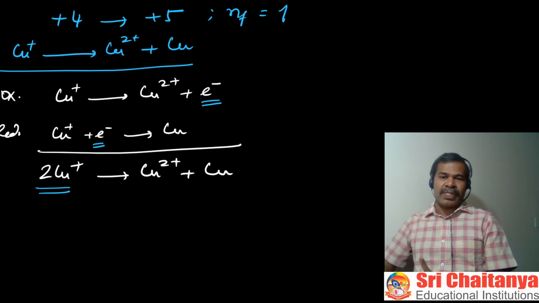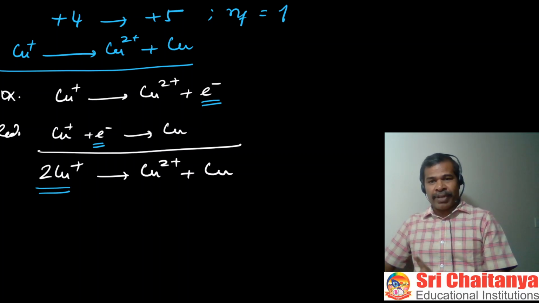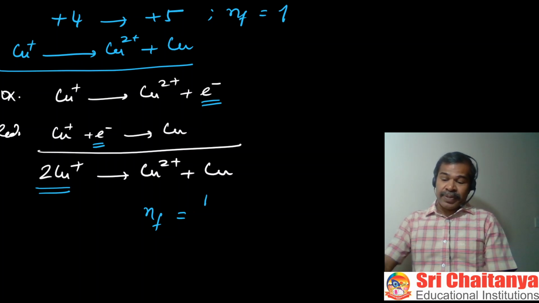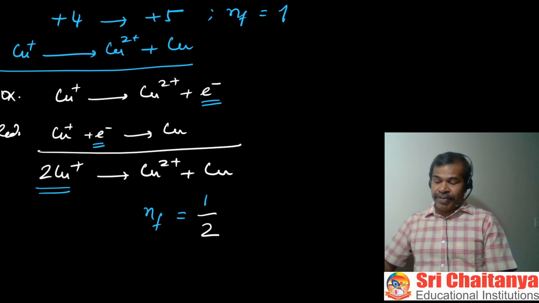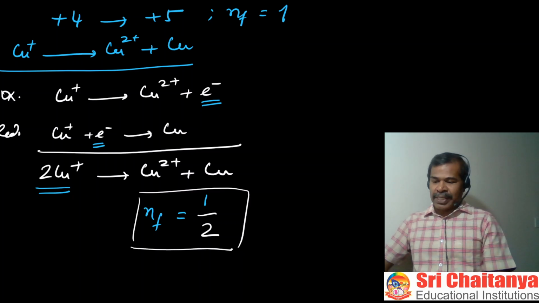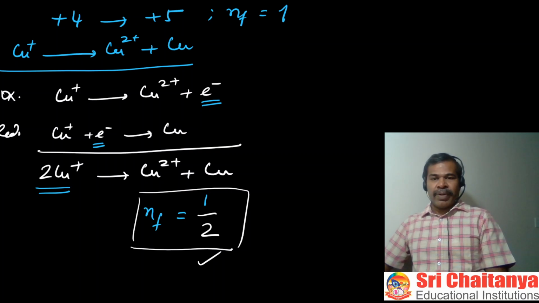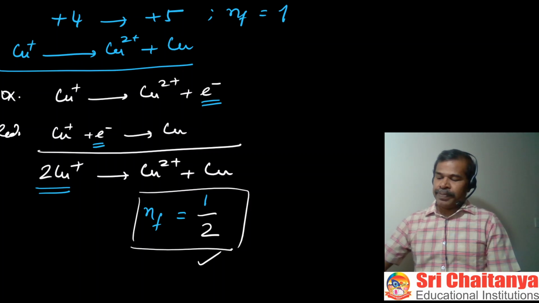We require the number of moles of electrons transferred per mole of copper. So the valency factor for Cu+ in this case is 1 electron transferred between 2 moles of Cu+, so the valency factor is 1 by 2. We have not seen fractional valency factors so far. The n factor can be fractional, but it won't be negative. It can have a fractional value, or any integral value as well.